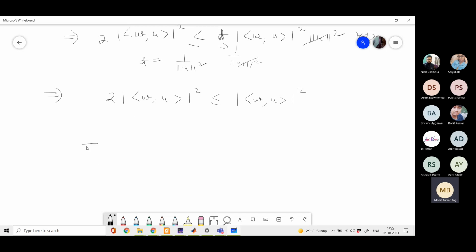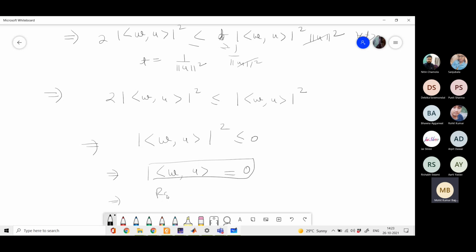So from this you can write the square of W comma U is less than or equal to 0, and when can this be possible? Of course this is W comma U equal to 0, so that is what we want to show.